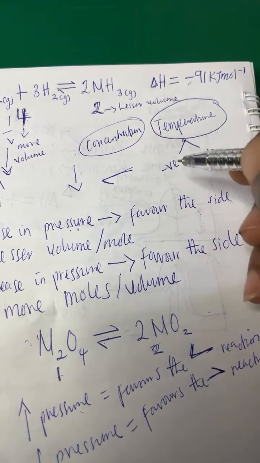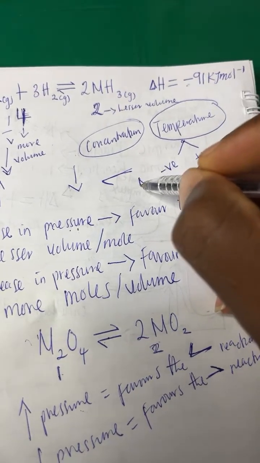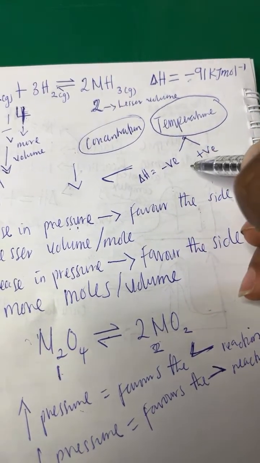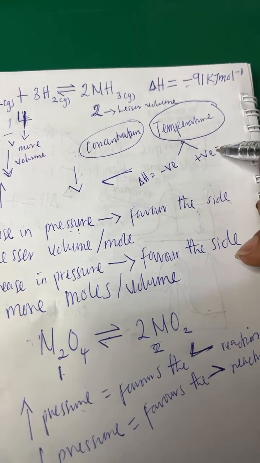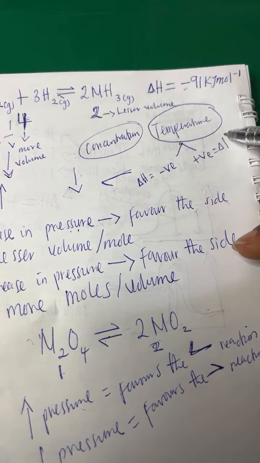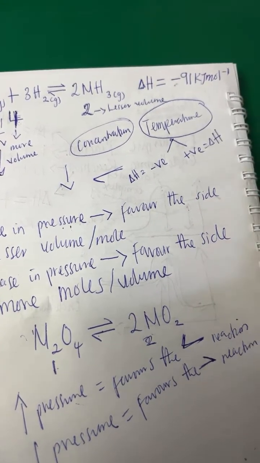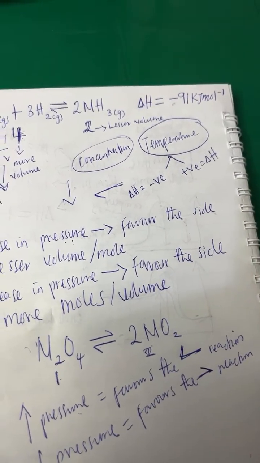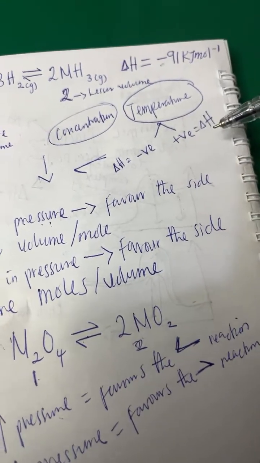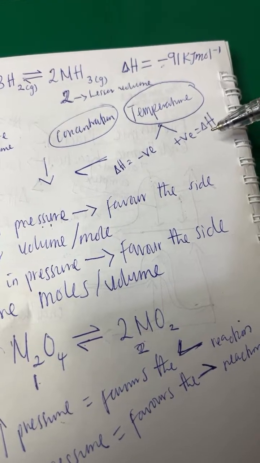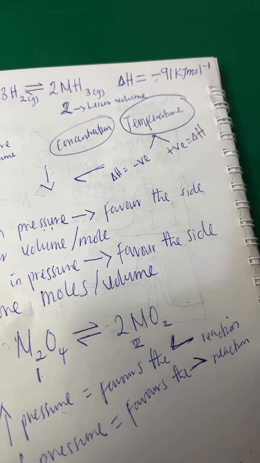Remember, I told you that when delta H is negative, that means it's exothermic, and when delta H is positive, that means it is endothermic. Negative means exothermic and positive means endothermic, right? That's what I told you.